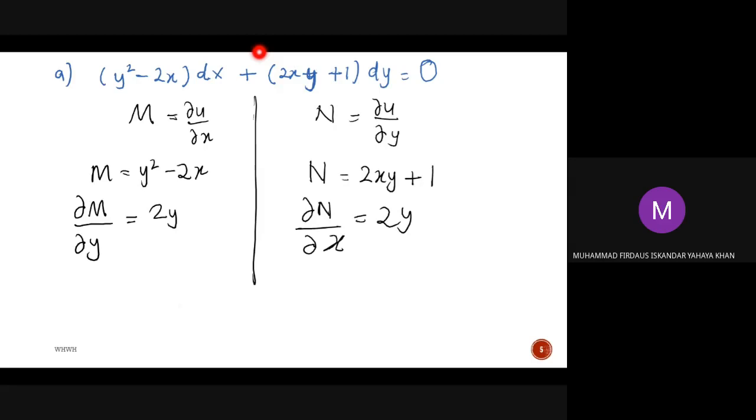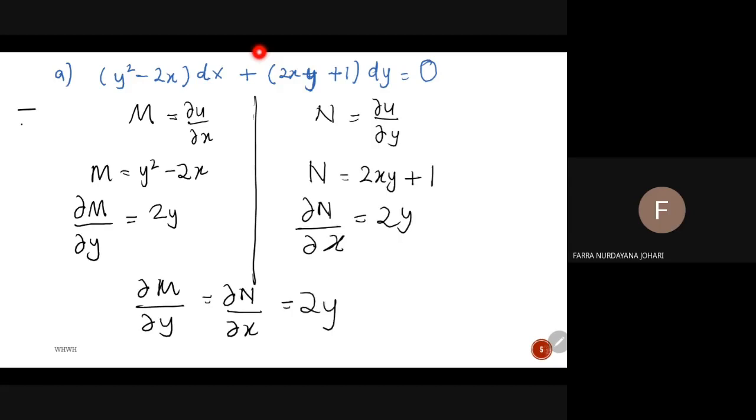So now you see, can we conclude that del M over del Y is equal to del N over del X? Yes, which here equals 2y, so that means it is exact. Our differential equation is exact. Since it is exact, we can use the technique we will discuss next. As of now, you know how to do partial derivatives with respect to y and x.